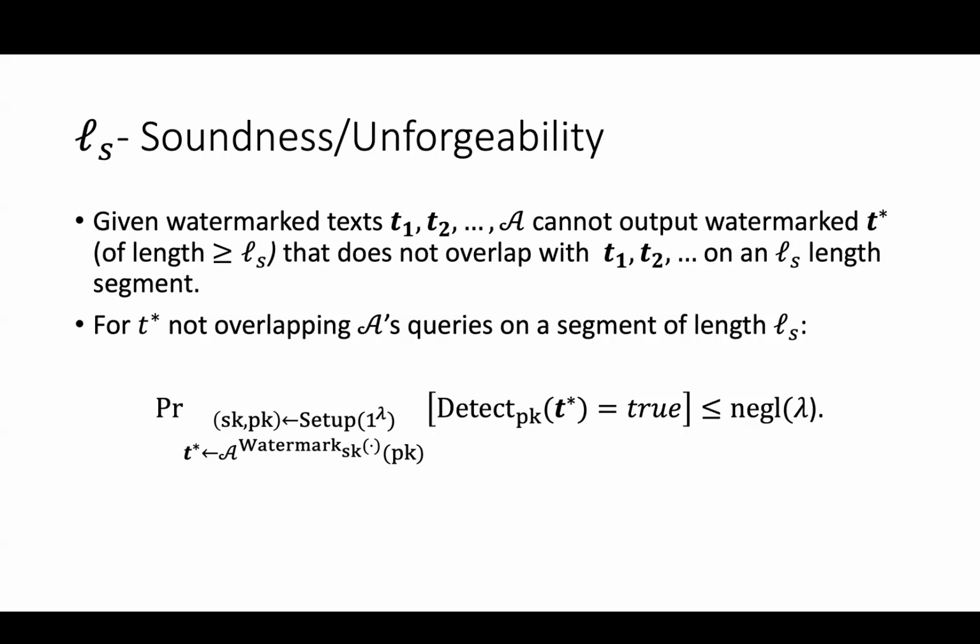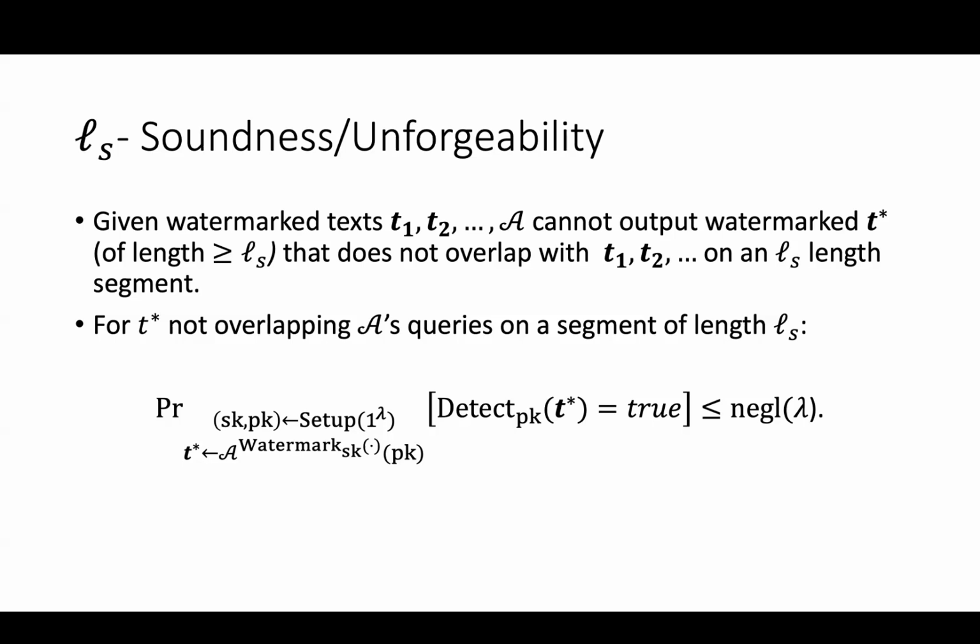Then we have the soundness, or unforgeability, requirement. Remember, I was saying that the attacker should not be able to come up with new texts which are watermarked. Just like with signatures, the attacker has access to a list of watermarked texts T1, T2, and so on. Think of these as the message and signature pairs in the digital signature existential unforgeability chosen message attack.